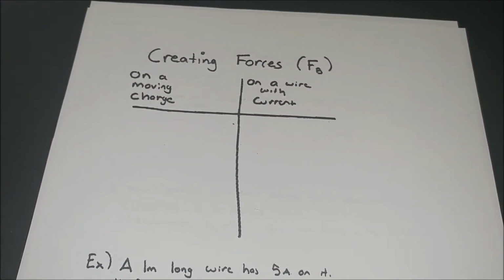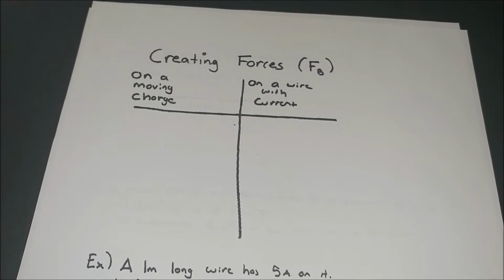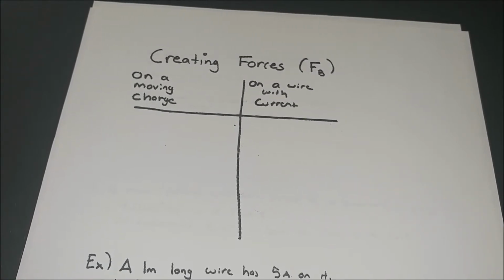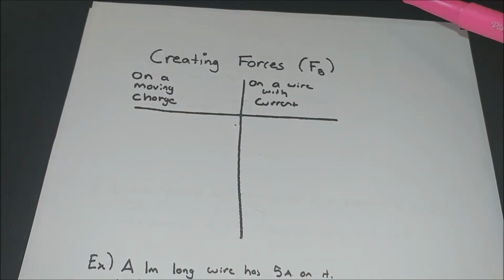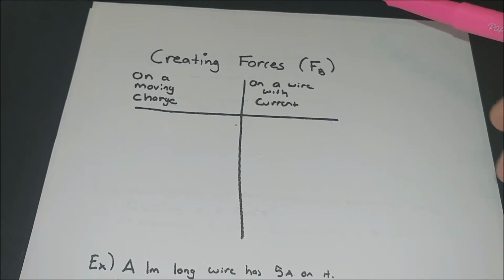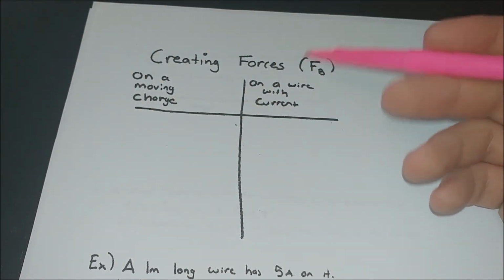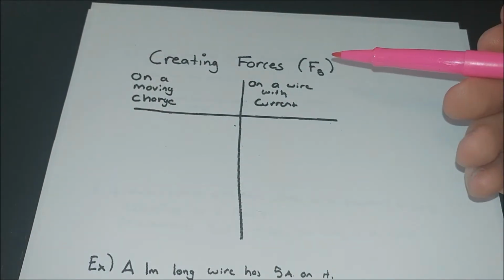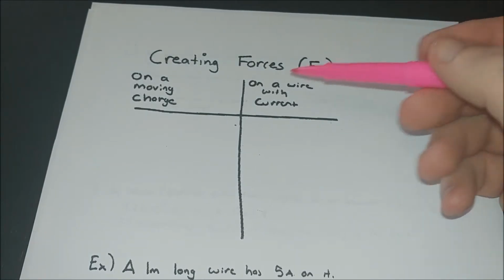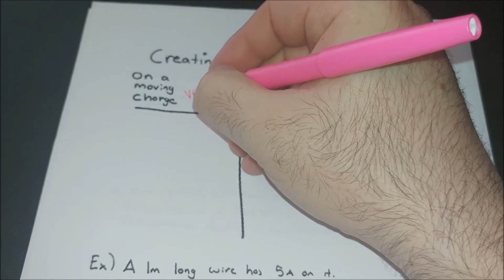It's time to transition and figure out how to actually calculate forces. So I've given you 2 different ways of finding forces with your hands. One is for charges and one is for current. Same thing here. You're going to have 2 equations. One's for a moving charge, which involves velocity.